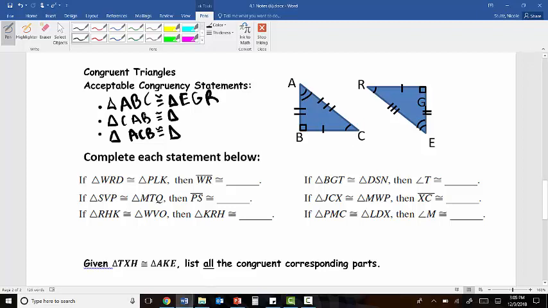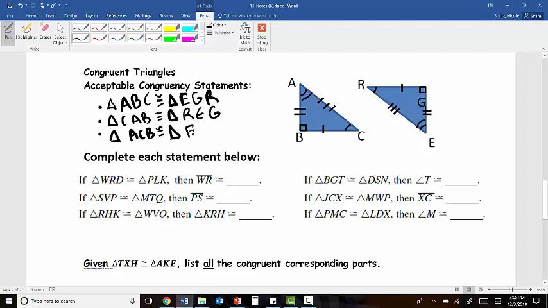So no matter how you write your statements, A and E should correspond, B and G, and C and R. So if we were to switch the order to CAB, so we have to go last, first, second, well then you're going to do it here as well. Last, first, second: R, E, G. If I did ACB, second, first, last, then I still have to do second, first, last.